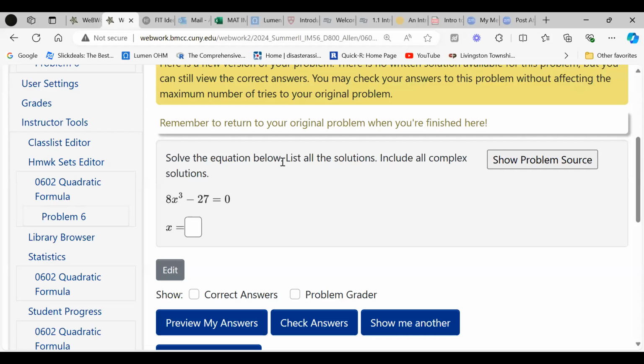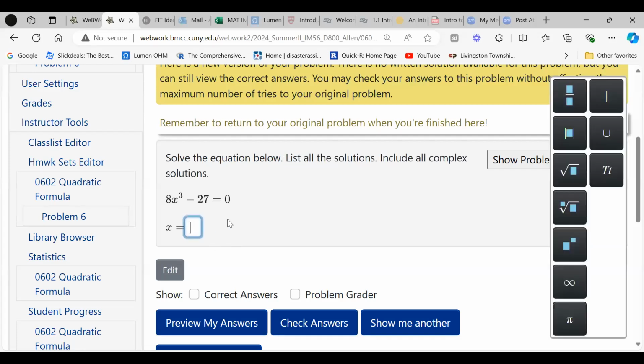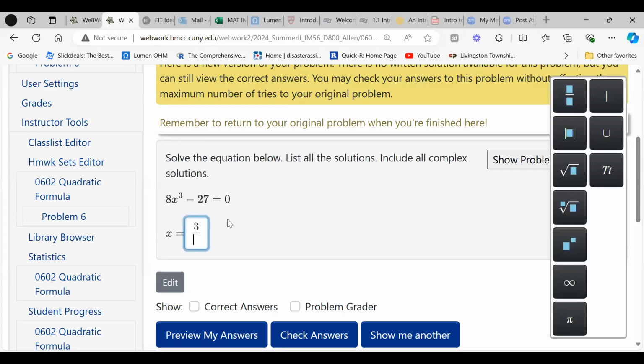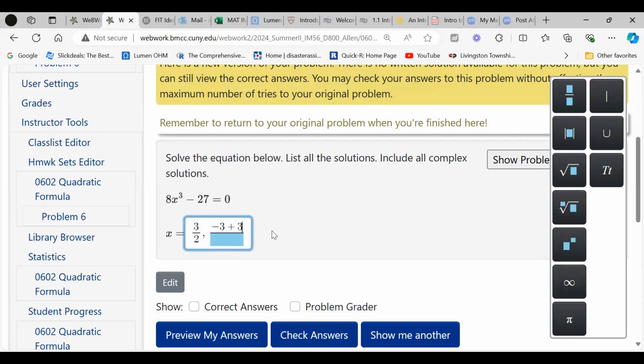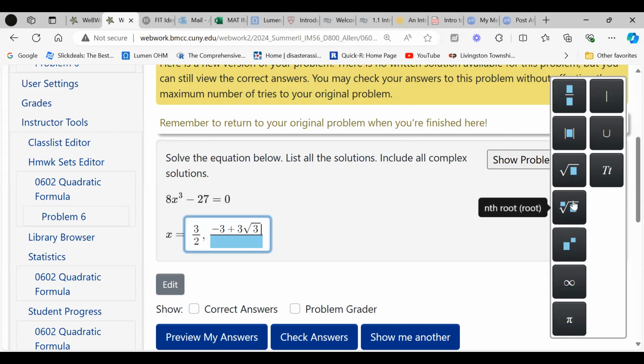Okay, so list all the solutions, including all complex solutions. 3 over 2 first. That's the first solution. Now the next one is a complex solution: minus 3 plus 3 radical 3i over 4.